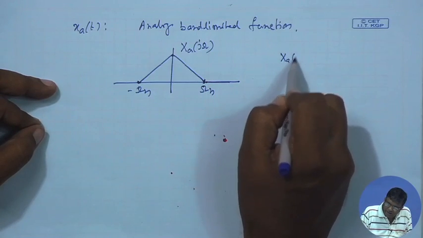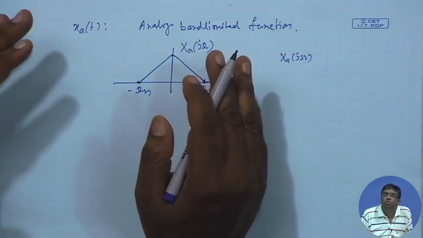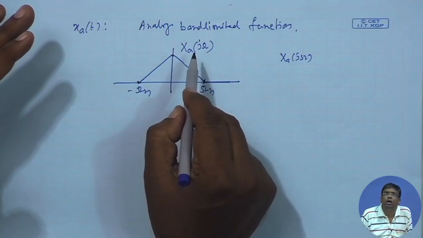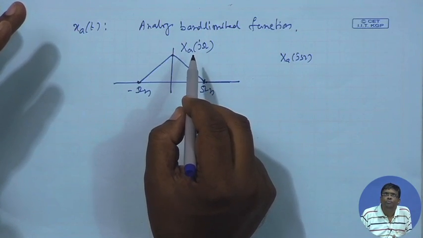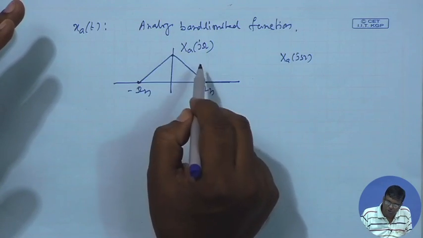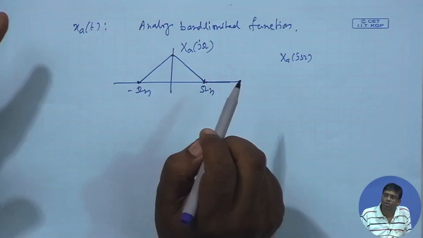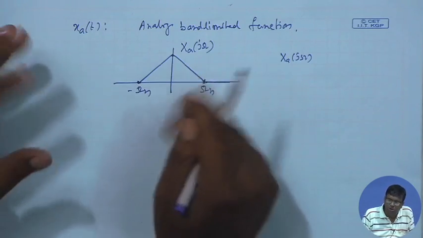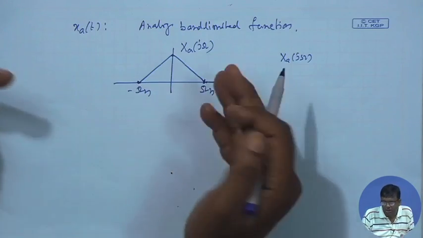Actually, again I tell you, I am plotting a complex function versus capital omega. So, for correct plotting, I should take the magnitude versus omega and phase versus omega. But again I repeat that whatever logic I am trying to build up, just for explaining that, plotting like that is okay. Technically it is not mathematically correct, but as far as conveying the information or explaining is concerned, you can get all that information from here only. That is, if you plot magnitude and phase separately, the same logic will hold good.